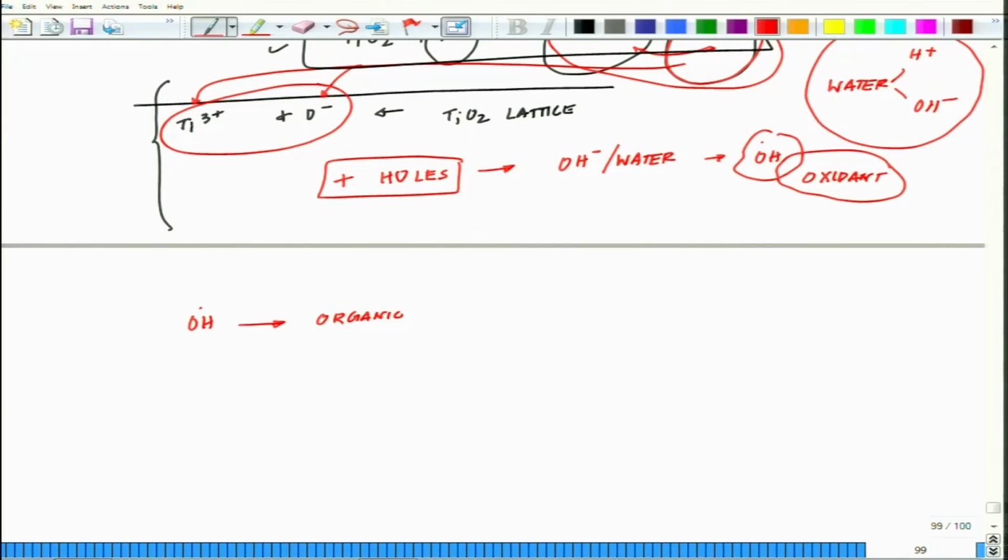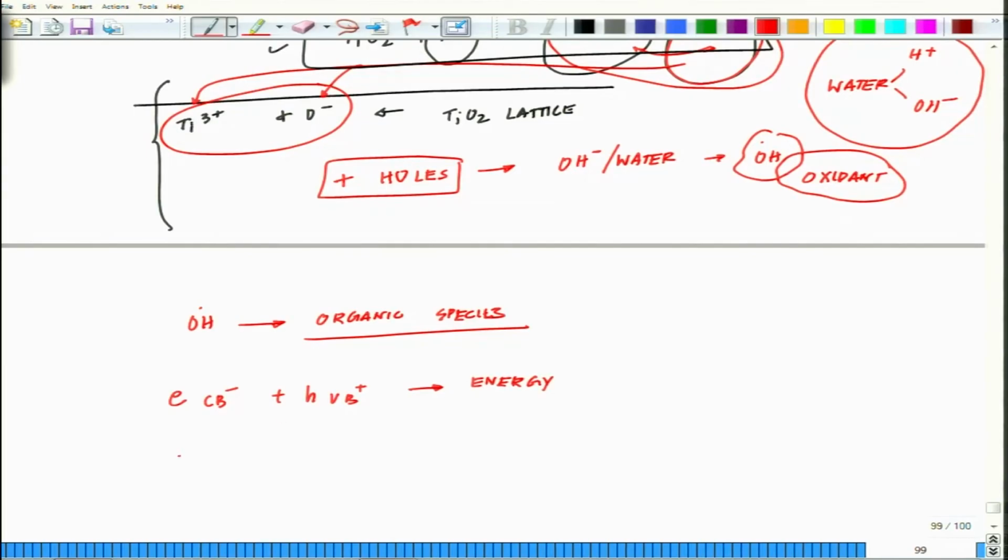Okay. So this is the reactive oxygen species we are creating: e- in the conduction band plus h+ in the valence band, with the energy.